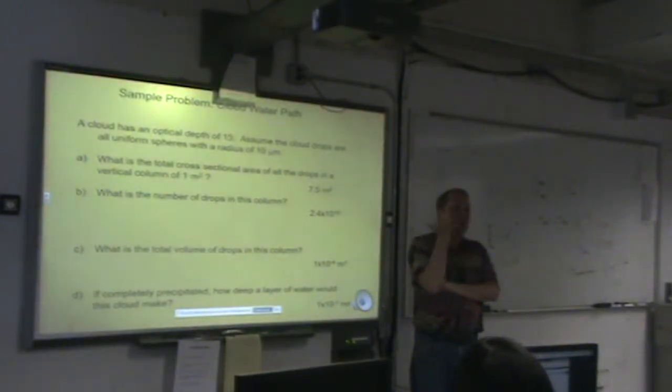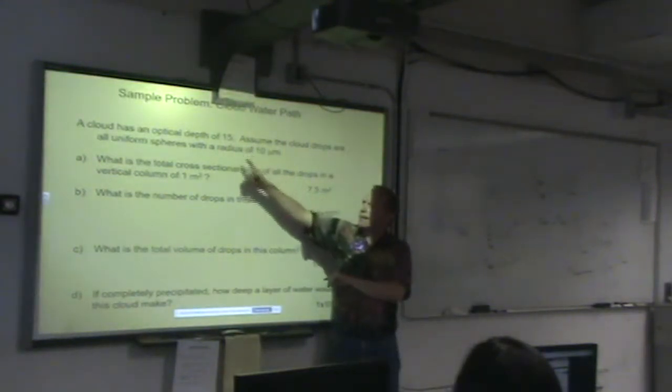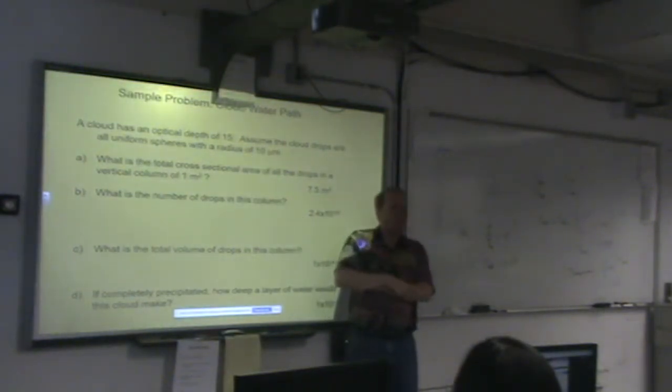Now, if I hadn't tried to confuse you in the last 2 slides, there's an answer you should have all said immediately. If the optical depth is 15, I'm looking through a cross-section of 1 square meter. You should see a total cross-section of 15 square meters, because that's what optical depth means, right?